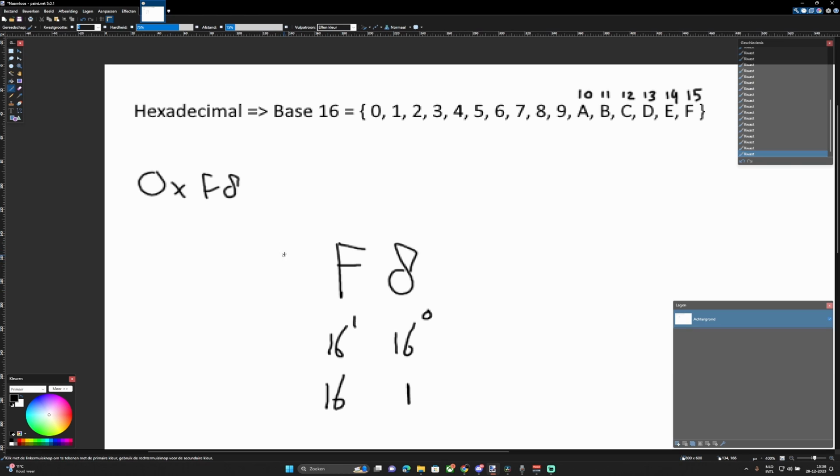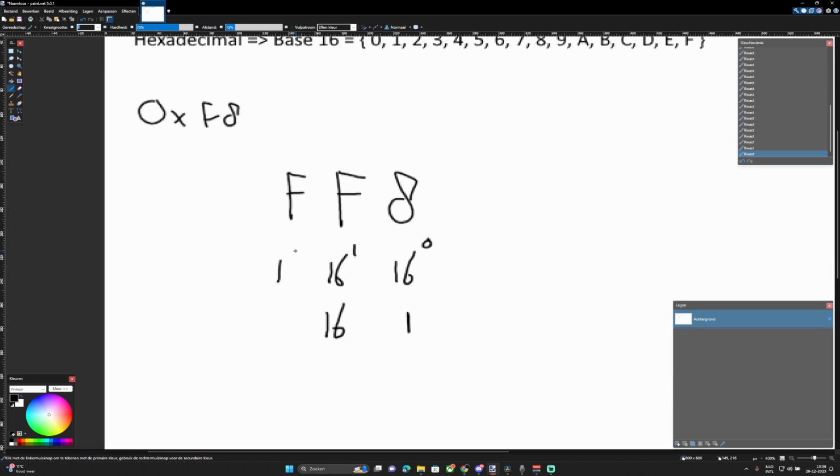Let's say we have another symbol in our hexadecimal number. Then this would be 16 to the power of 2. The more symbols we add to our hexadecimal number, the base would always be the same, but we would keep incrementing the power number. Alright, but in this case we do not have these numbers.